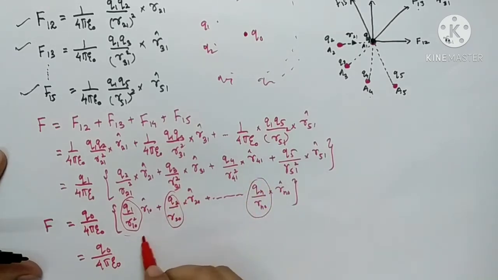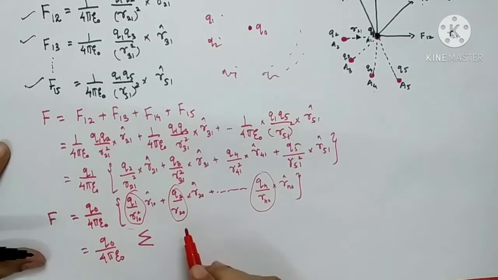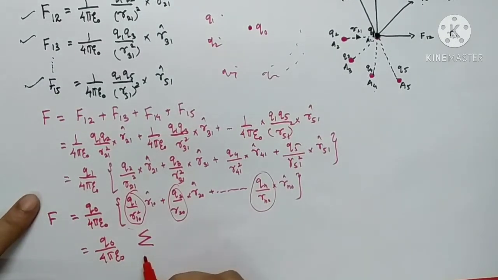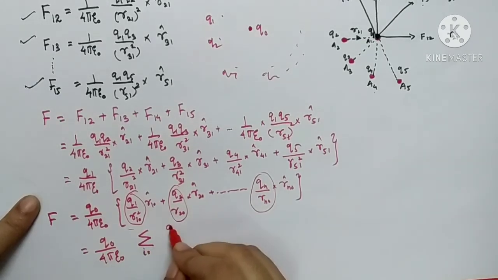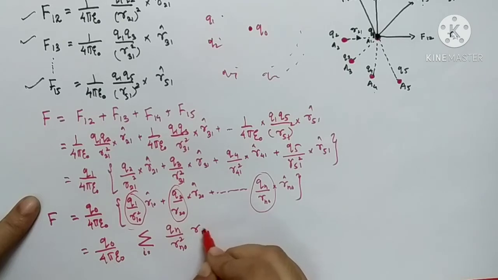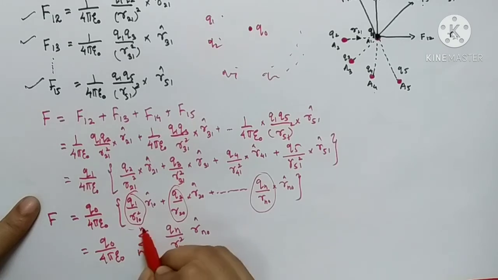This entire term will be replaced by the summation sign, Qn upon Rn0 square into Rn0 hat, where the value of n lies from 1 to n.